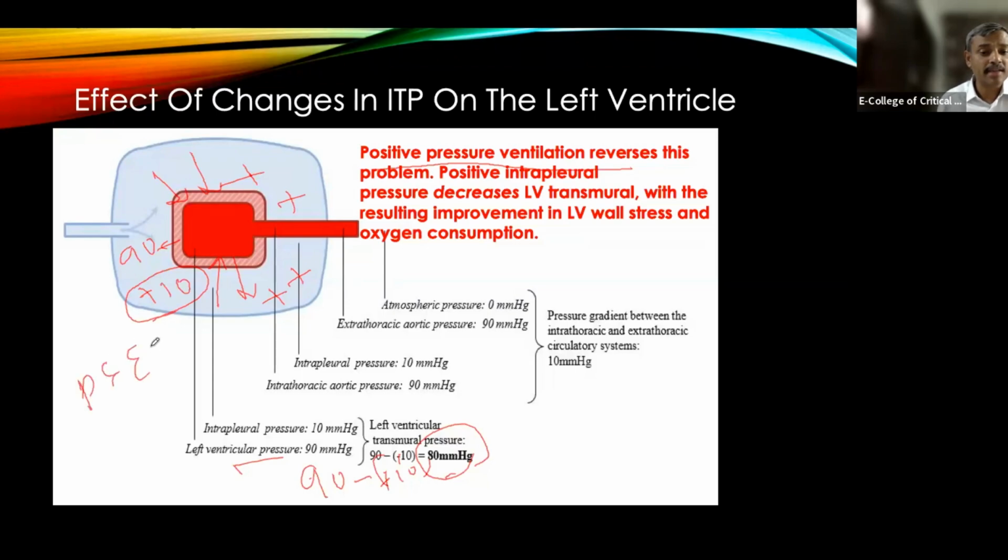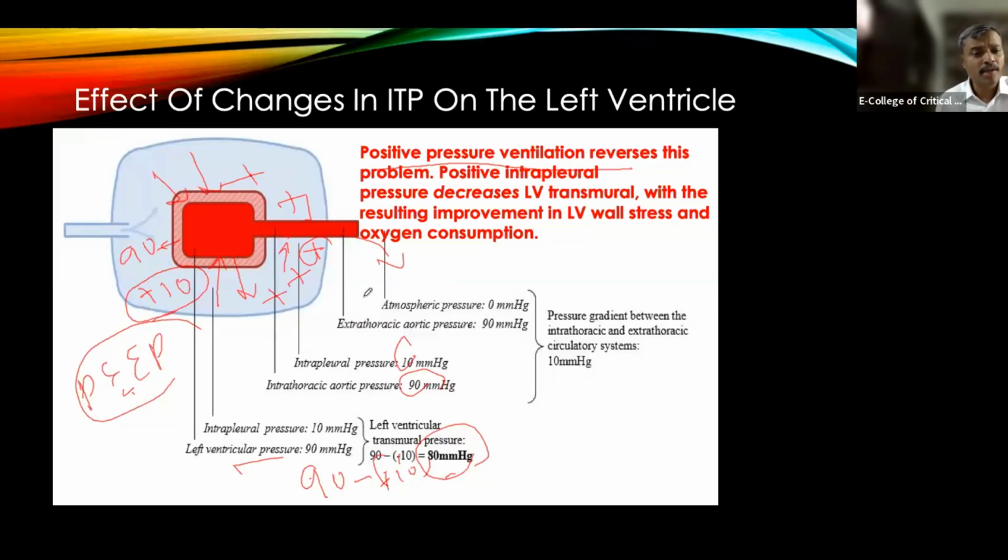So if anybody asks how PEEP reduces afterload, it is by creating more and more positive pleural pressure, helping the left ventricle to contract. Not only the left ventricle, come to the aorta also. The more positive pressure there is, imagine aortic pressure is 90, 90 minus of plus 10 becomes 80. So actually this positive pressure pushes the blood from the thoracic aorta to the abdominal aorta.